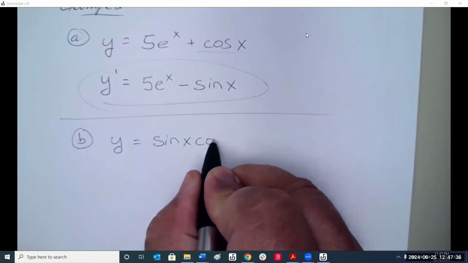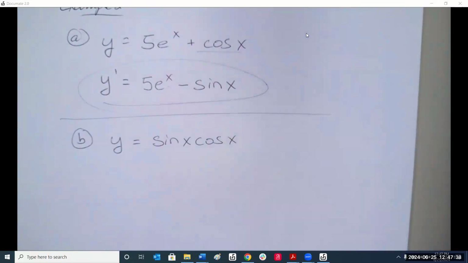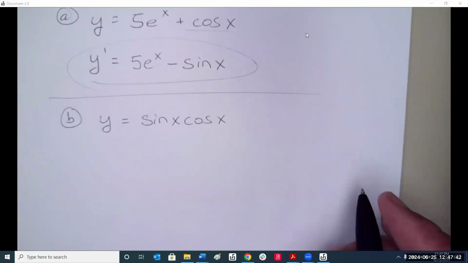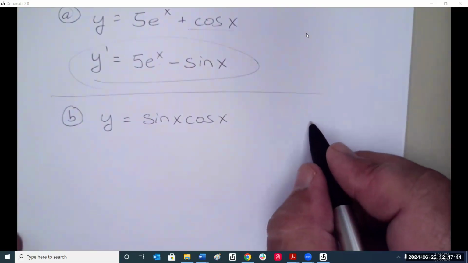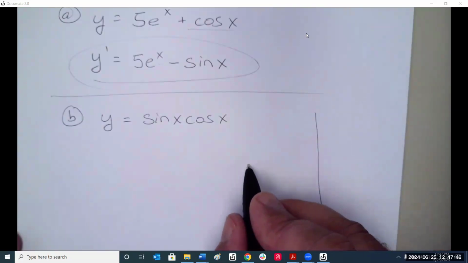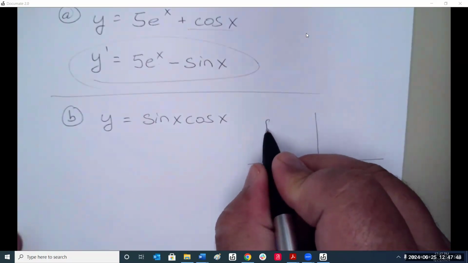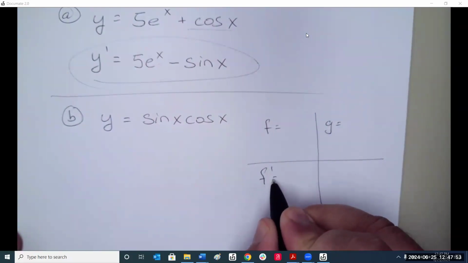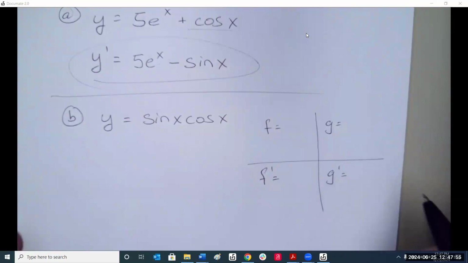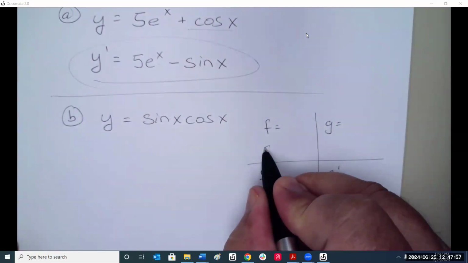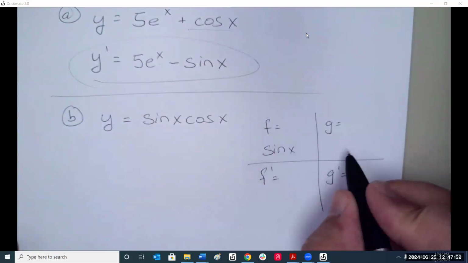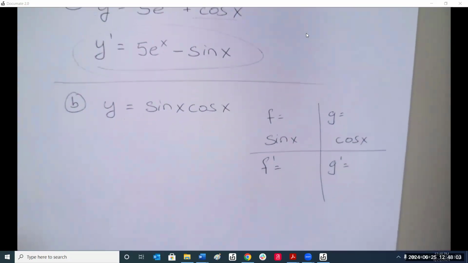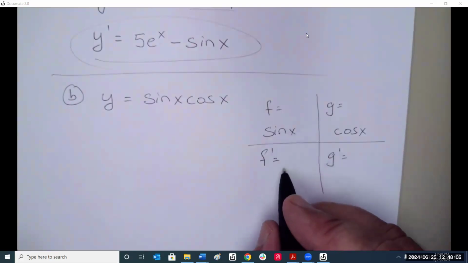So sine x, cosine x. What's the derivative of sine x?